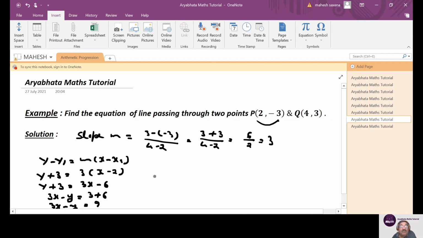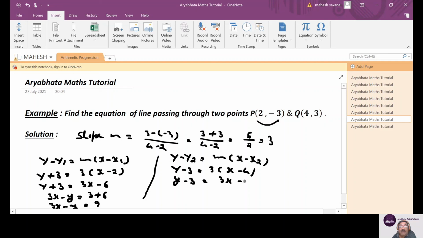We can also use the second formula that y minus y2 is equal to m into x minus x2. In this case, y2 is 3, that is y minus 3 is equal to m, which is 3, into x minus 4, where x2 is 4. Therefore, y minus 3 is equal to 3x minus 12.